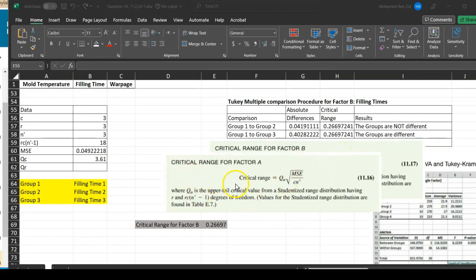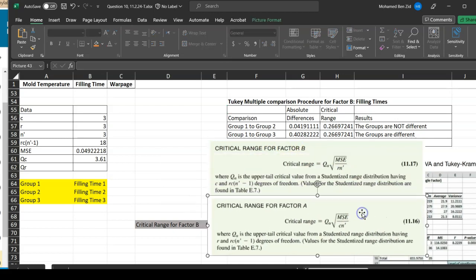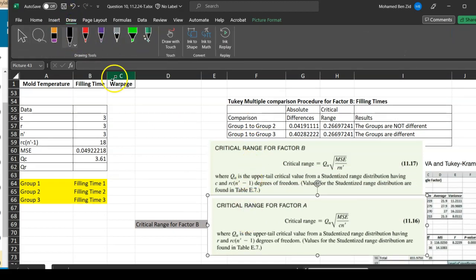So here is the formula for the factor A. And what is different here, you can notice the degree of freedom could change. So for this one, you have a degree of freedom R, and this is R times C times n prime minus 1. So you see it is different from C, what we used before, right?